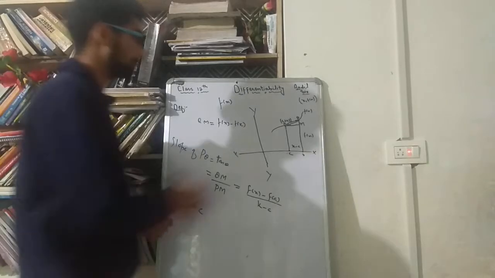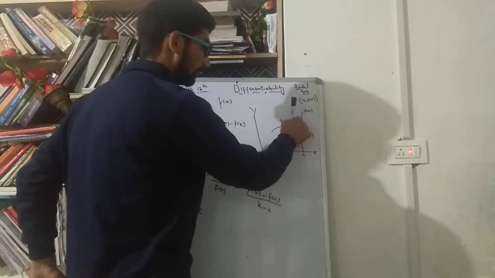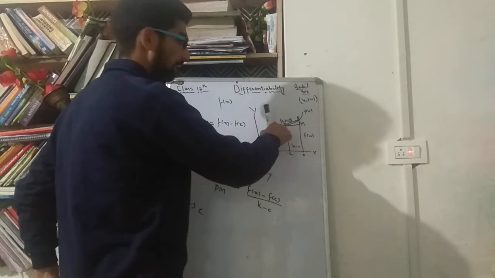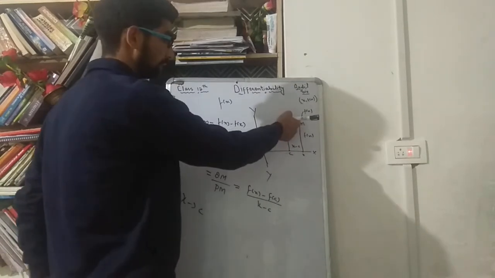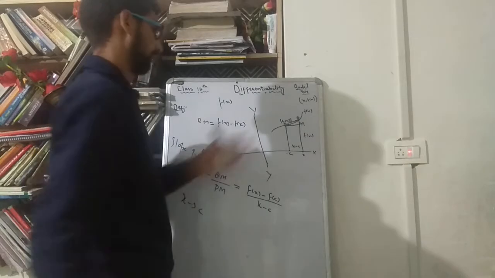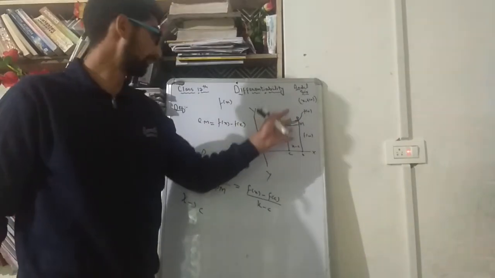When I take Q towards P, this PQ will become an actual tangent. It will not remain a secant.